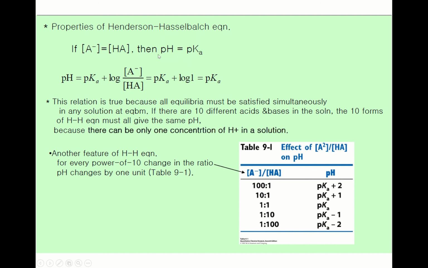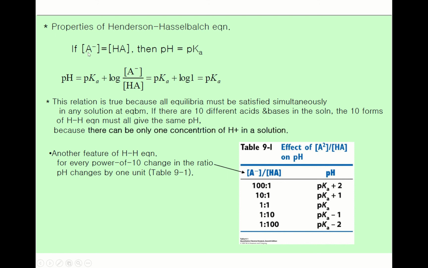At this pH, the buffer capacity is the maximum. By definition, since the concentrations are the same and log 1 is 0, pH becomes pKa. This relation is true because all equilibria must be satisfied simultaneously in any solution at equilibrium.